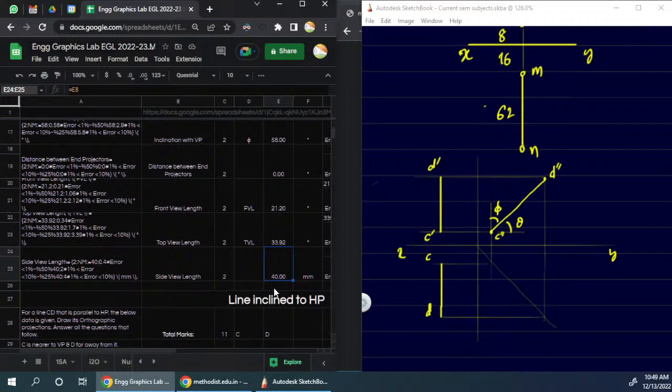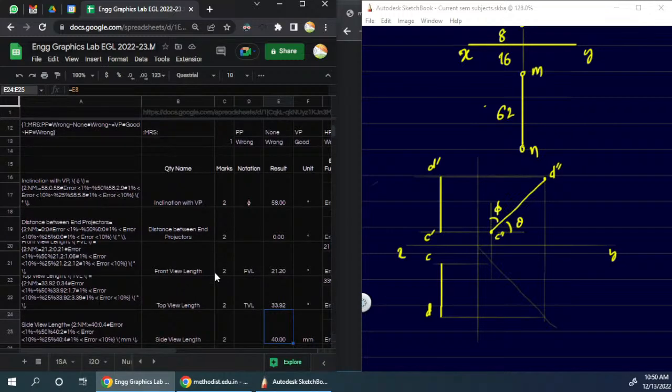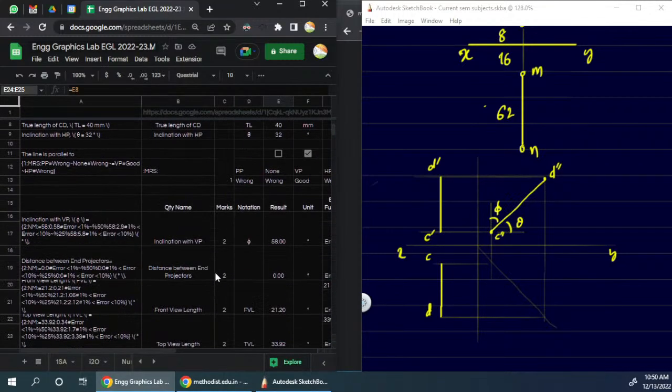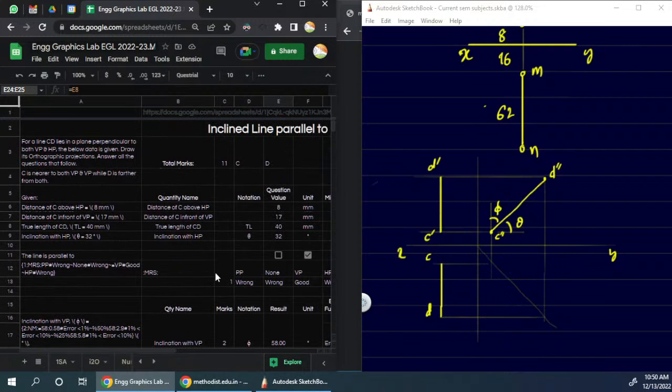So what else do we need to measure? Do we need to measure anything else? Yeah, I guess those other lengths won't be necessary. I guess for now this is enough.